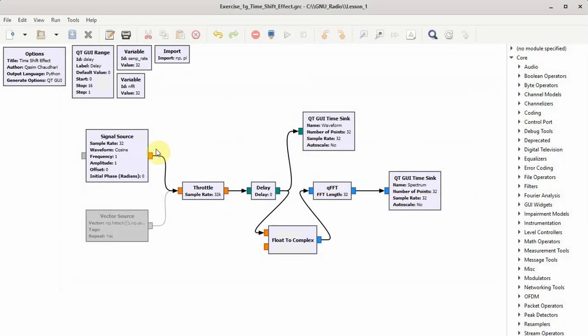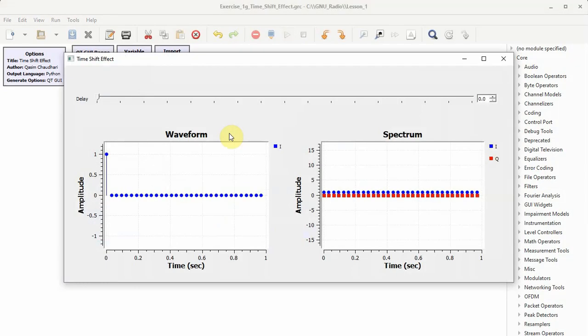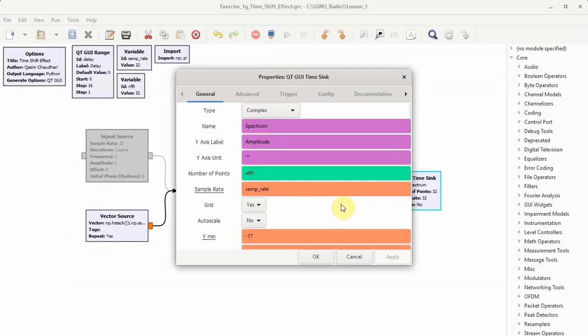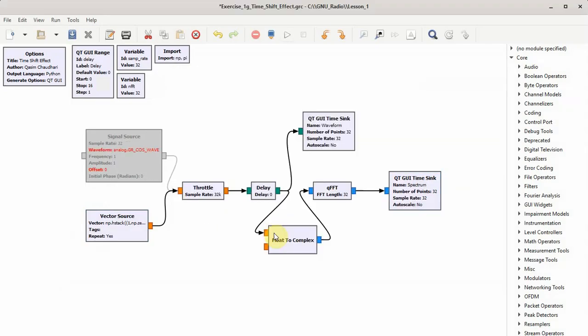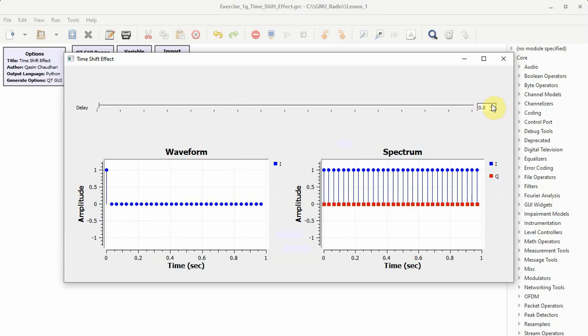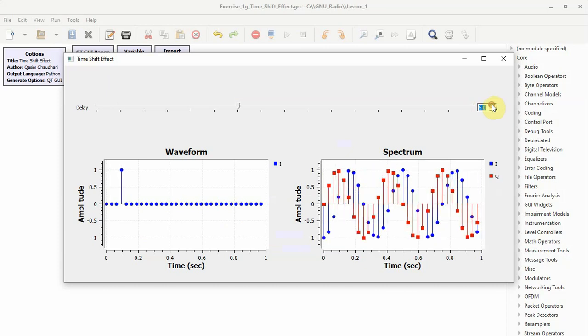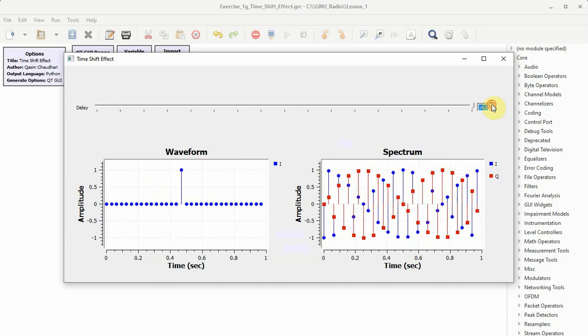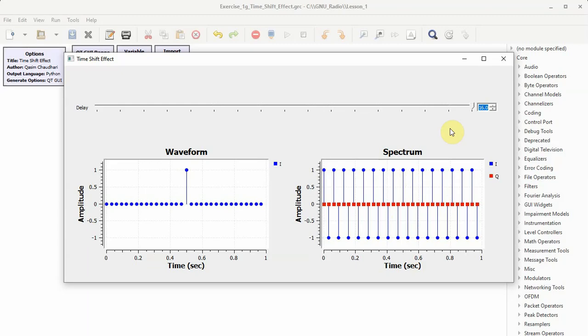I just thought that some of you might be thinking the following question. When we ran this flow graph for the vector source and the delay was 16, then why is such a nice structure appearing in frequency domain?